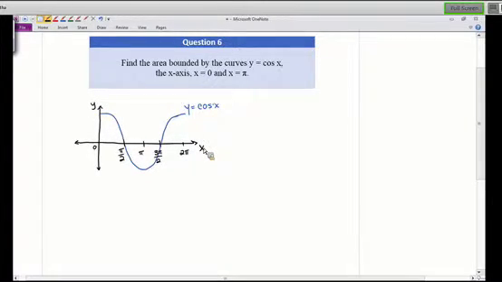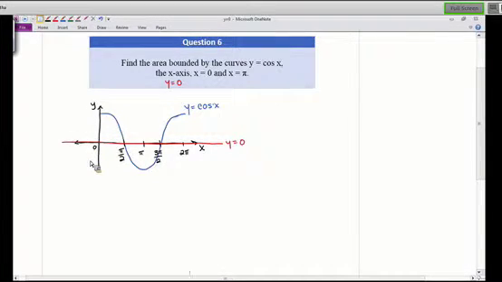Now we're also given another curve, the x-axis, where y is equal to 0. I'll show that in red.